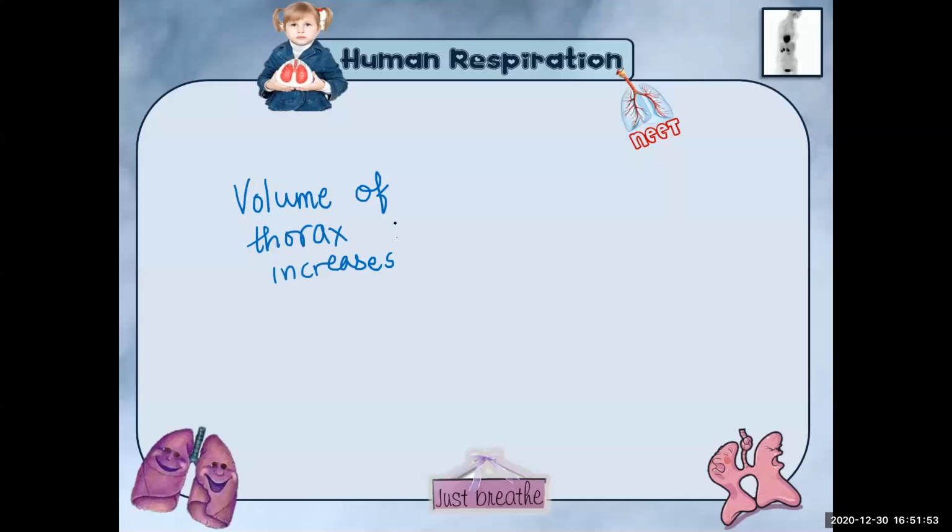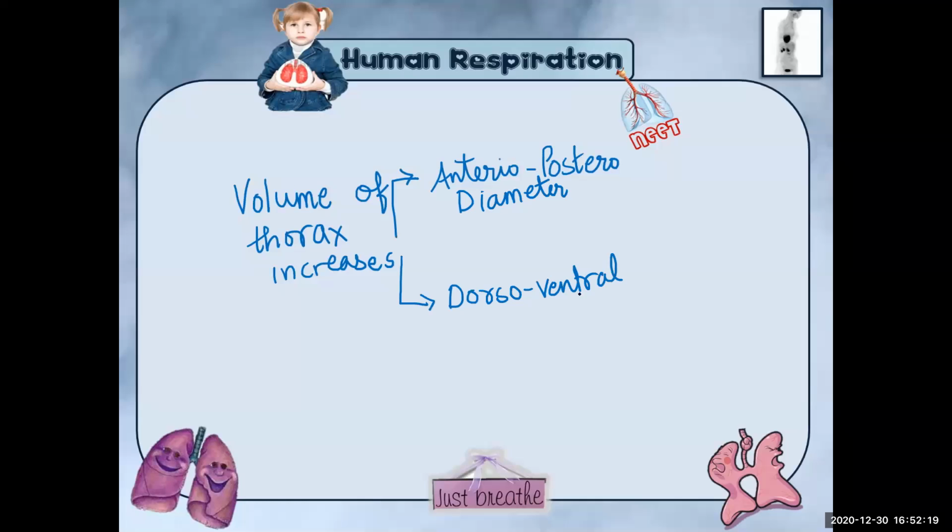The first way is when the antero-posterior diameter is increased. And the second one is when the dorsoventral diameter increases.